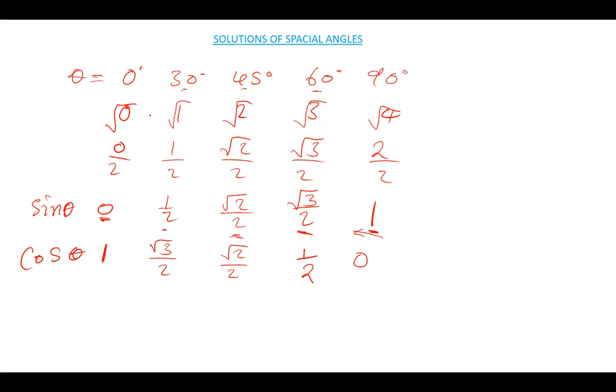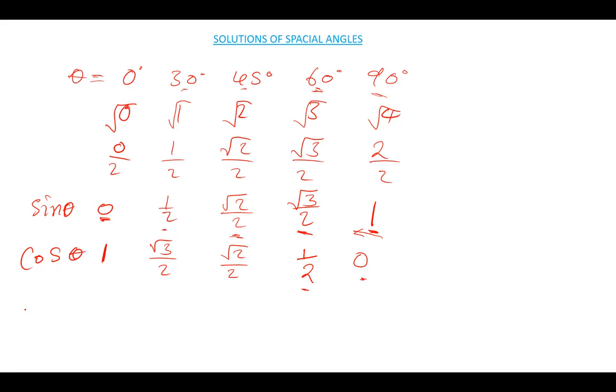So cos 0 is 1. Cos 30 is root 3 over 2. Cos 45 is root 2 over 2. Cos 60 is 1 over 2. Cos 90 is 0.